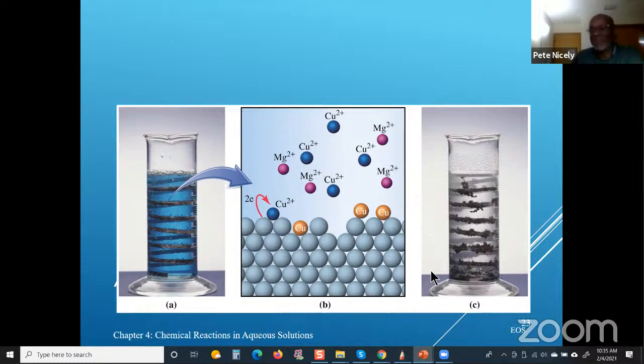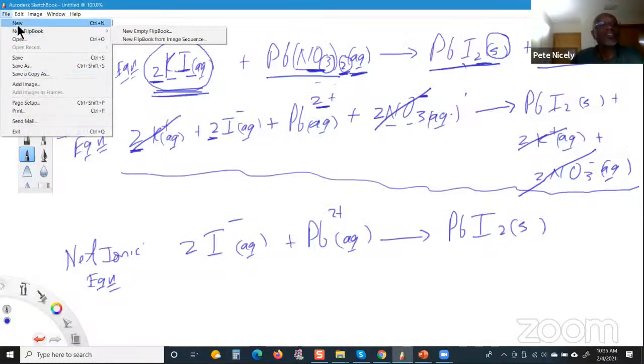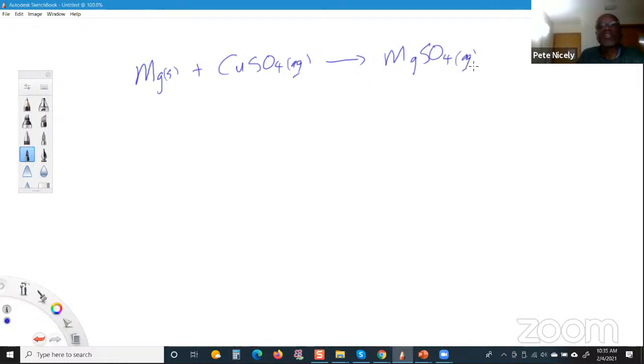So what I'm going to write down here is the actual equation for the reaction. The reaction is magnesium, which is a solid, reacting with copper(II) sulfate, which is an aqueous solution, to form magnesium sulfate, which is aqueous, and copper, which is a solid.